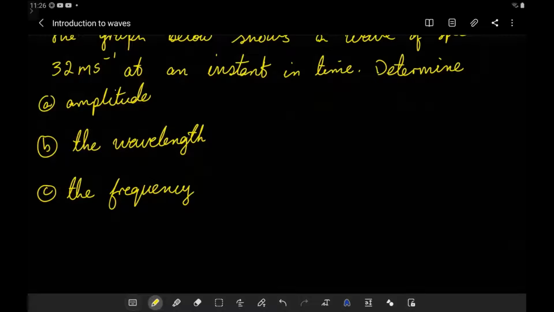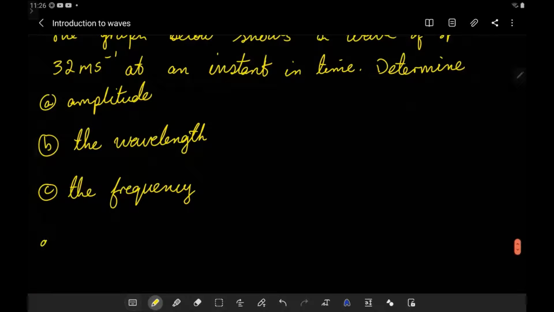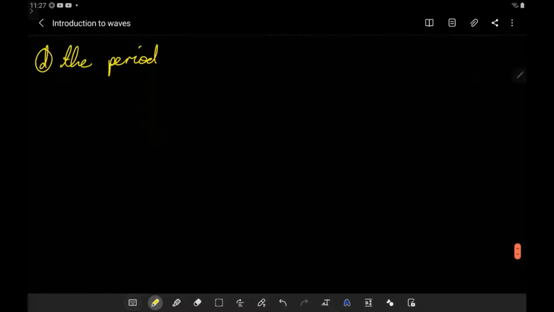It is the maximum displacement of the wave. Then they want the wavelength, the frequency, and finally the period. Okay, cool. So this is what they want me to find, and this is the graph they gave us.